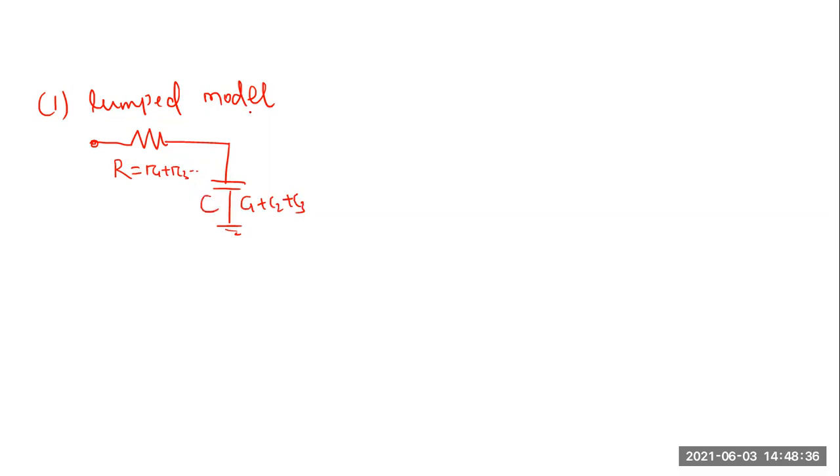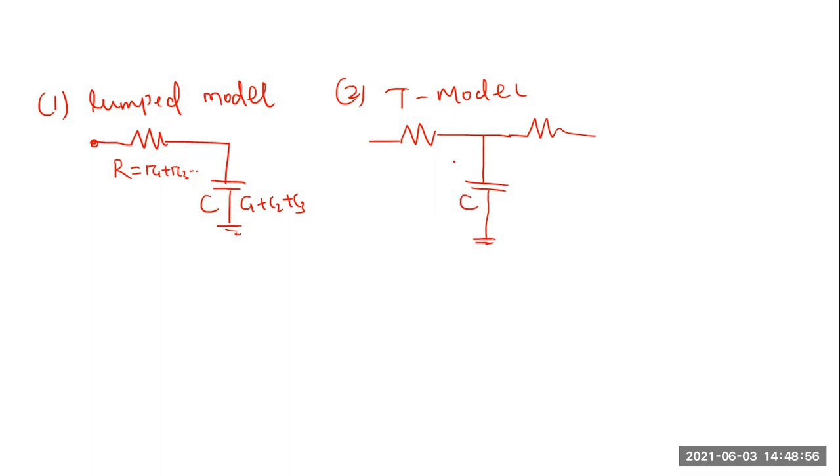Then second is the T model. We split the resistance into two, and the same C is used here. Instead of R, it is R by 2 and R by 2. This is input, this is output.